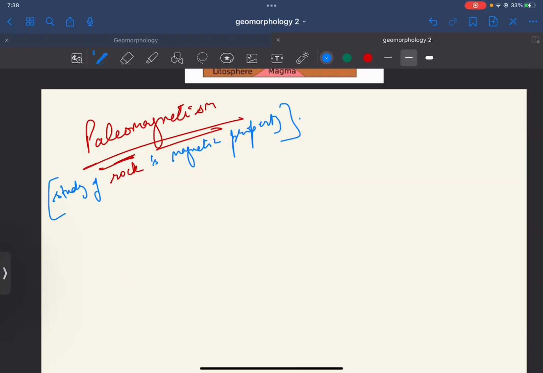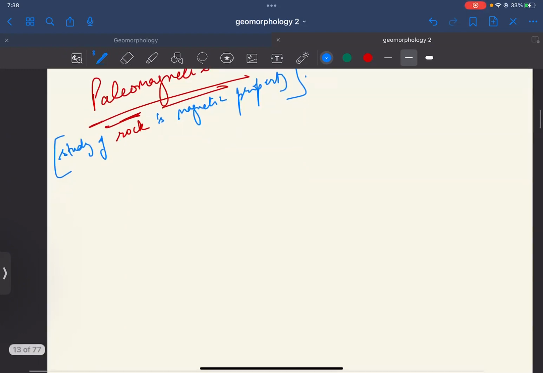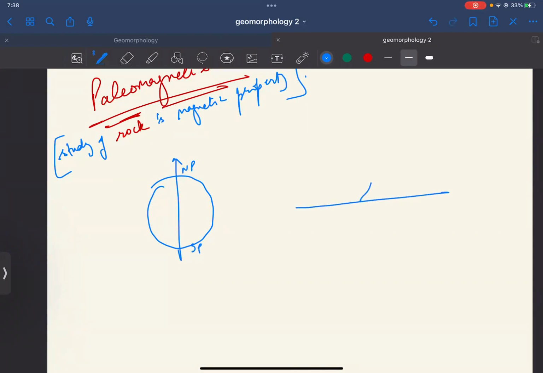So what it says. Now see. Suppose at present Earth's magnetic field looks like this: North Pole, South Pole. Now, along the mid-oceanic ridges, a new kind of rock is formed. This is rock 1, rock 2, because they are equidistant from the mid-oceanic ridges, so they would have the same property.